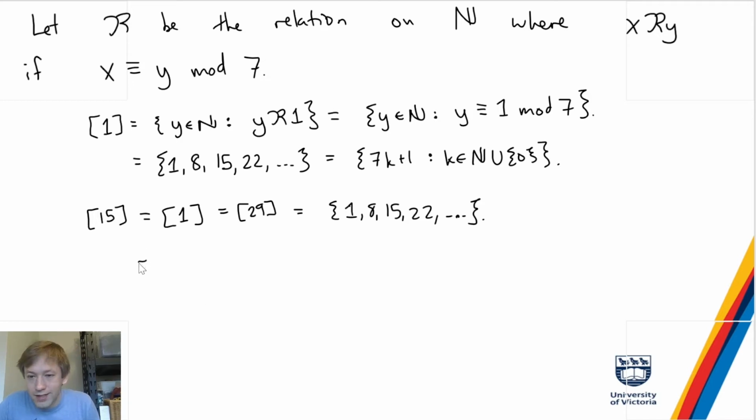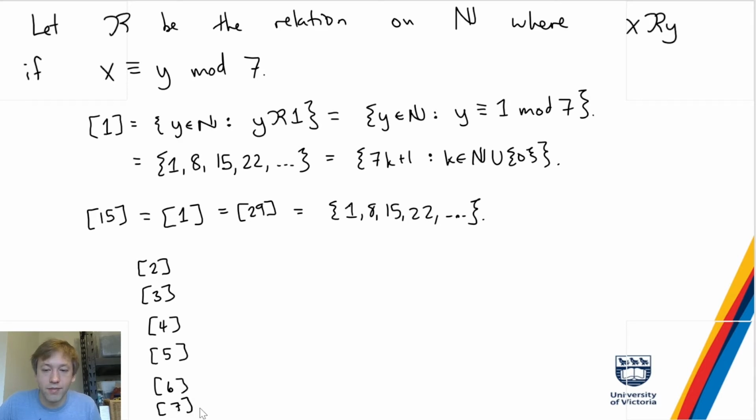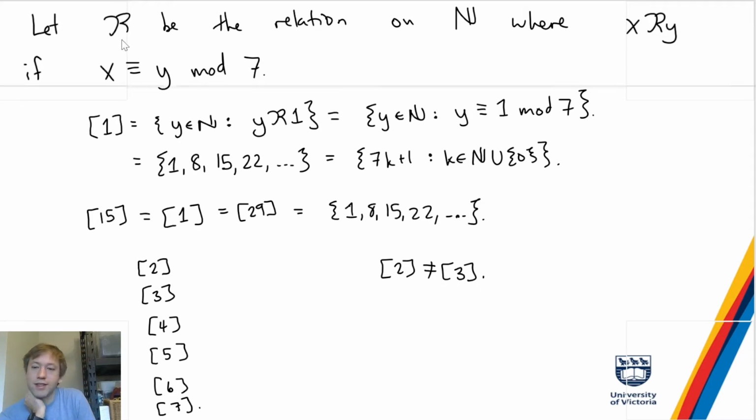So the other equivalence classes here, we have the equivalence class corresponding to the number 2, 3, 4, 5, 6, and 7. These are all going to be distinct, basically. If I take the equivalence class corresponding to 2, that's not going to be equal to the equivalence class corresponding to 3. But if you think about it, these 7 equivalence classes are all the different equivalence classes.